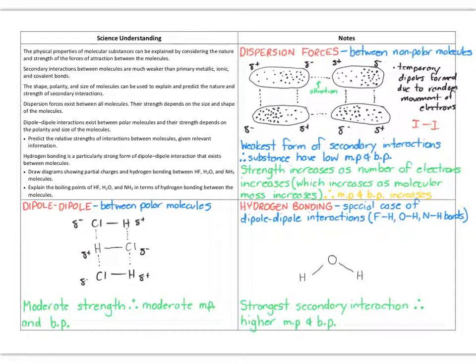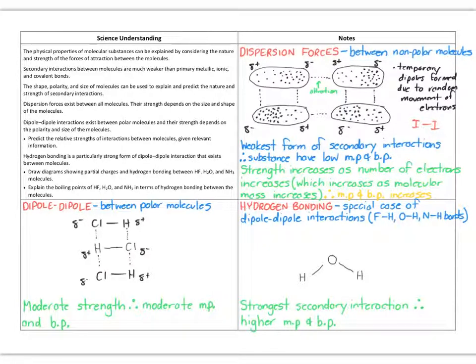So these will tend to hold those molecules together, meaning that they have a moderate strength. Because they're permanent dipoles, they always exist because of the polar molecule. They're stronger than the dispersion forces, and things that dipole-dipole bond will tend to have moderate melting point and boiling point. MP is melting point, BP is boiling point.